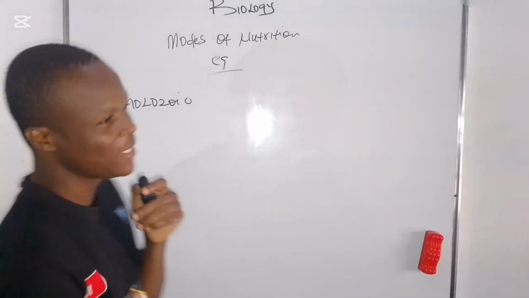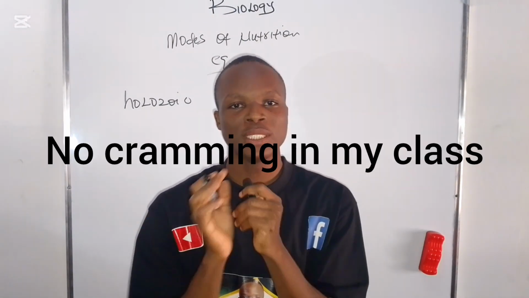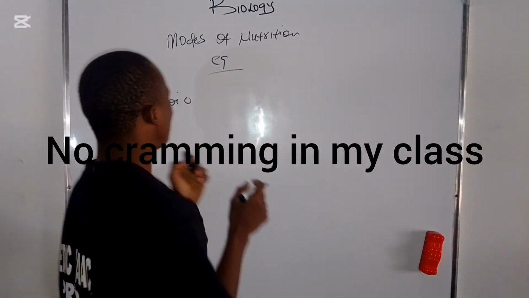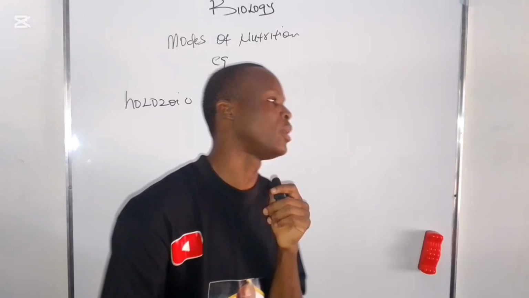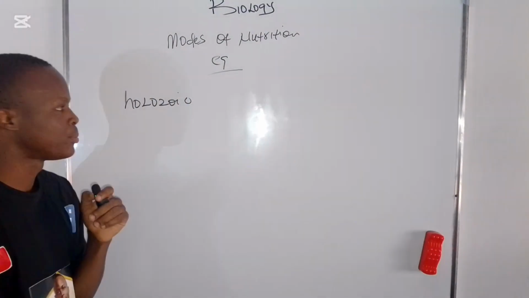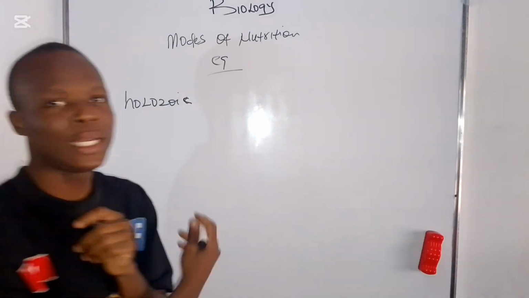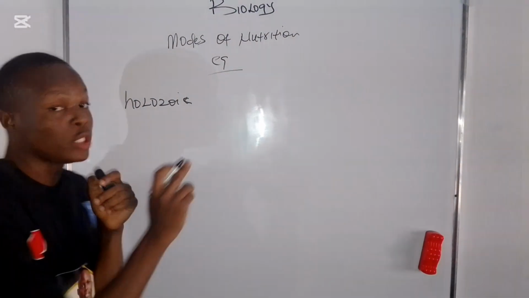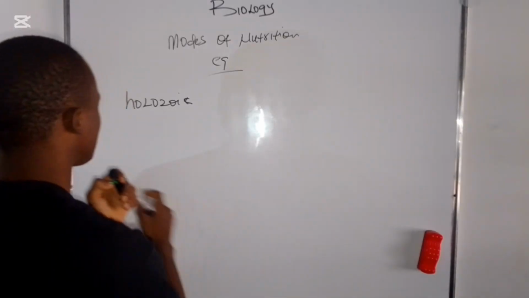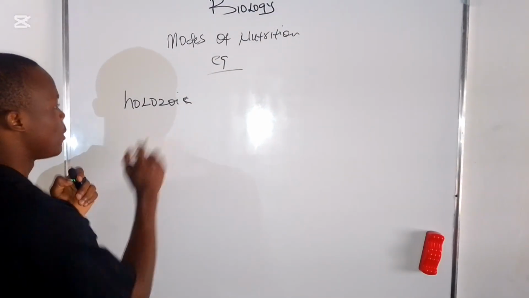Now, what is holozoic nutrition? Please, I want to explain this to the extent that nobody is going to be cramming things or finding it hard to comprehend. I just want us to understand it naturally. Now, what is holozoic nutrition? Let me just give you everything that you really need to know about this nutrition.